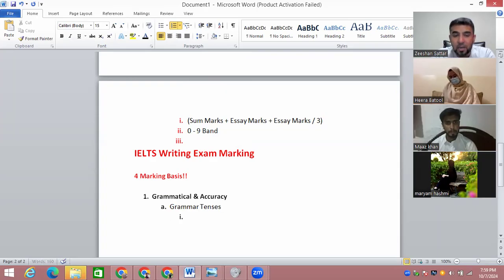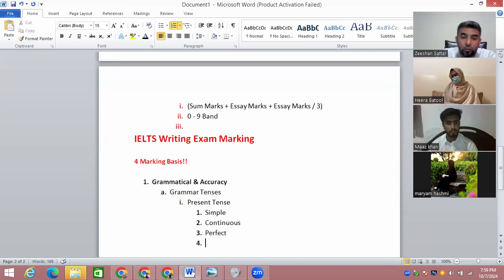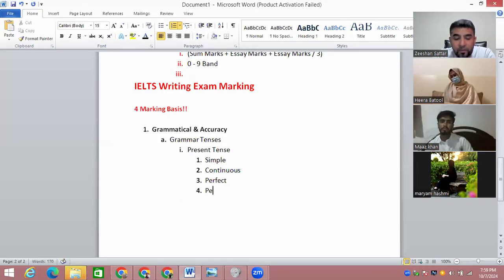The examiner sees how strong we are in making use of the present tense, and then in the present tense, how strong we are in simple, how strong we are in continuous, how strong we are in perfect, and how strong we are in the present perfect continuous tense while writing.